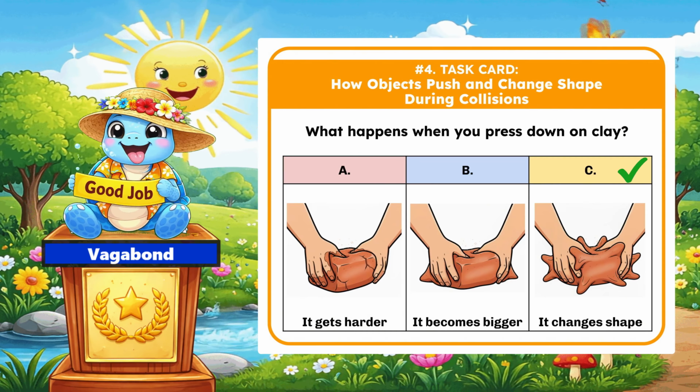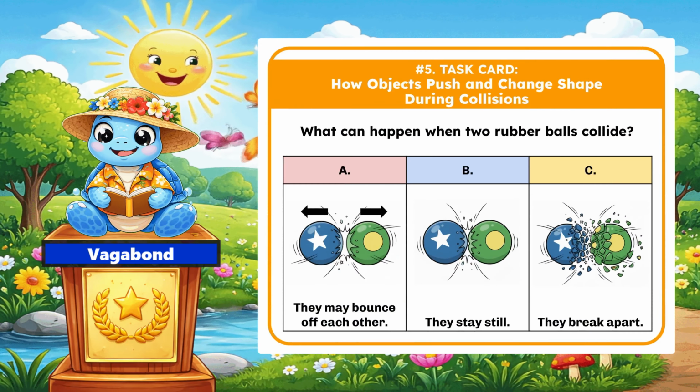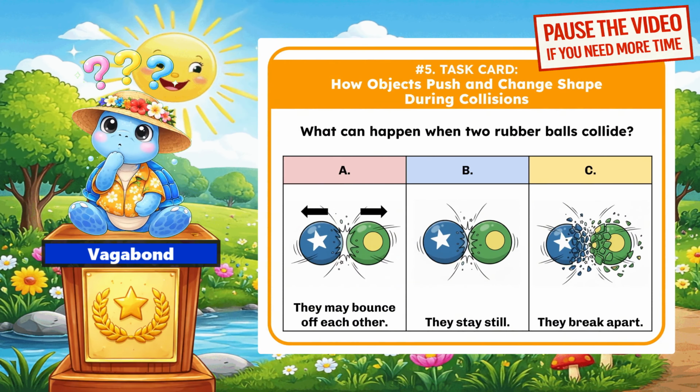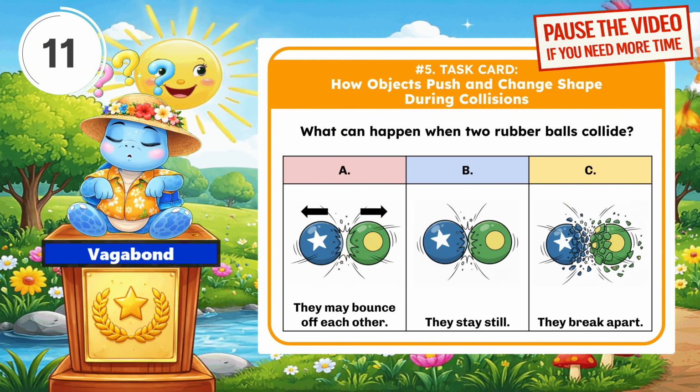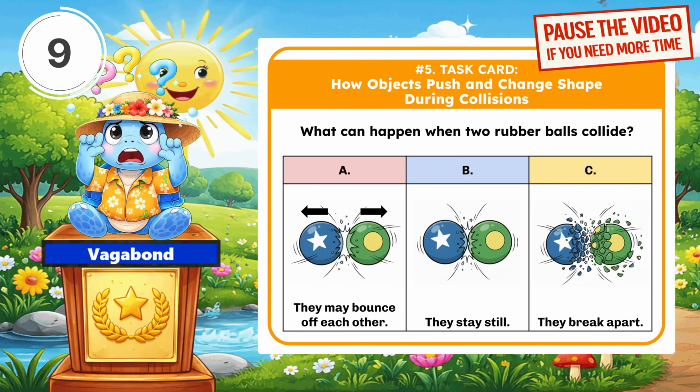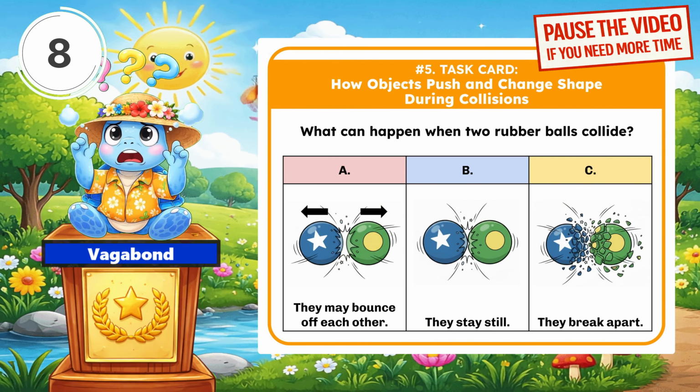It changes shape. What can happen when two rubber balls collide? And the correct answer is letter A. They may bounce off each other. Which of the following objects changes shape when it is hit?